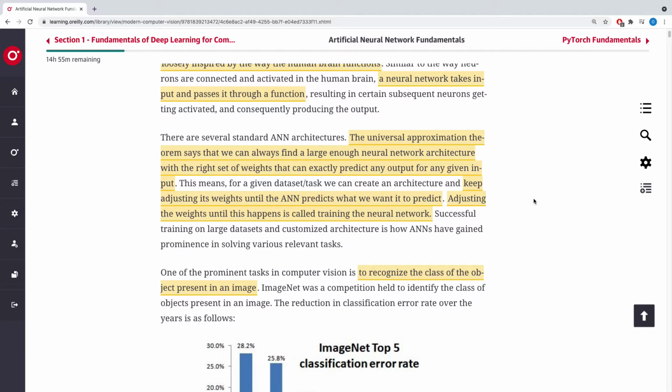So you can always find a large enough neural network architecture with the right set of weights. And weights are just numbers that we are adjusting that can exactly predict any output for any given input, no matter what that equation or that function is. You know, a function is a black box that takes in an input and gives you an output. So whatever output you want, you can always find a function to represent that with a neural network architecture. So that's what this is saying.